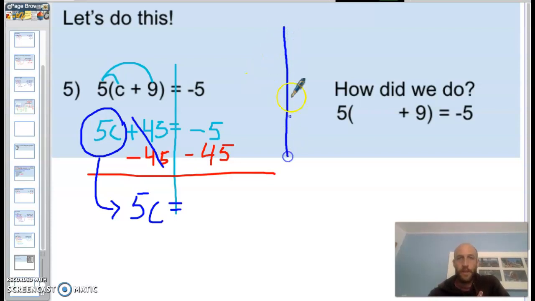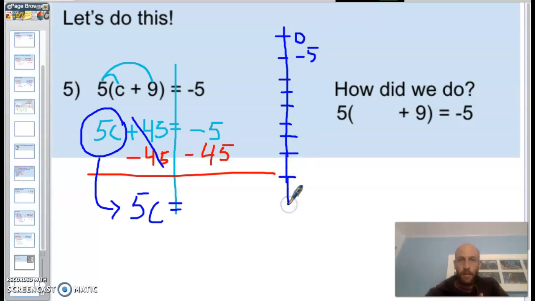Okay, there's that one way of thinking about it. The other way is to say, okay, here's 0, here's negative 5. I want to go down 45. So I'm going to count by 5s here and figure out how far down I end up. Okay, so I'm starting here, and I want to go down 45. So let's pretend these are increments of 5.